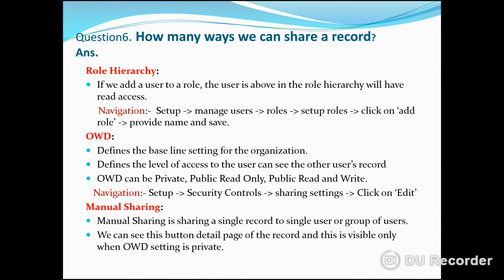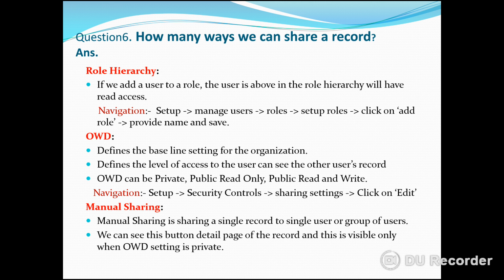Then OWD, organization wide default, defines the baseline setting for the organization. It defines the level of access a user has to see other users' records. OWD can be private, public read only, or public read and write.